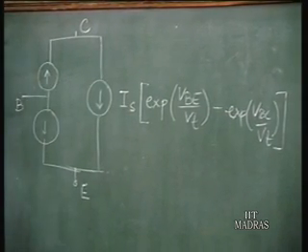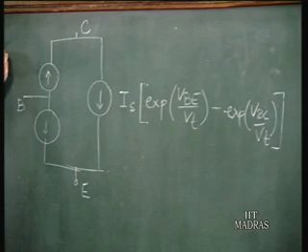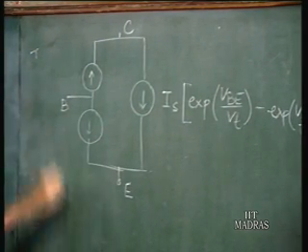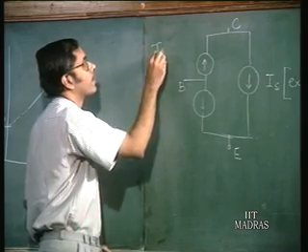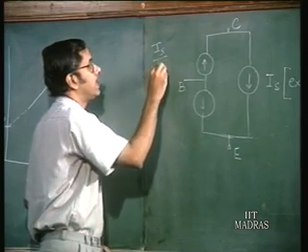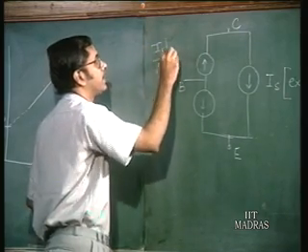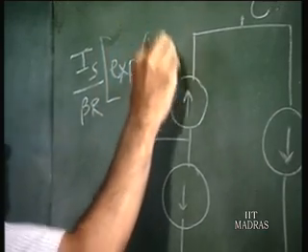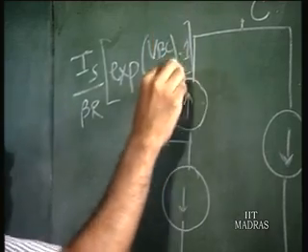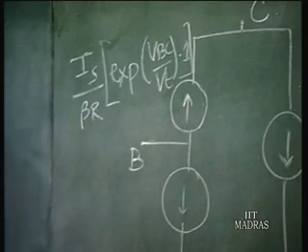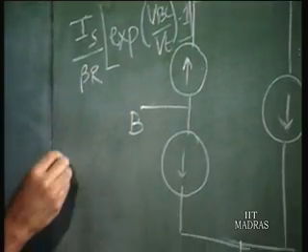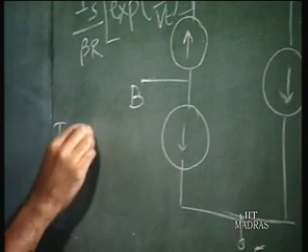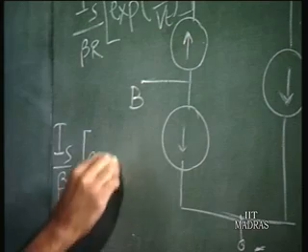This current source is given by Is by beta r exponential Vbc by Vt minus 1, and this current source is given by Is by beta f exponential Vbe by Vt minus 1.